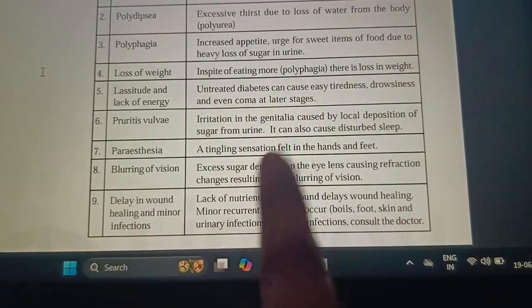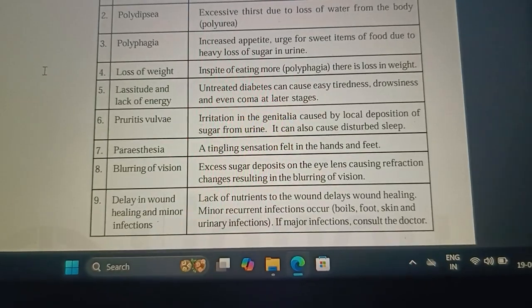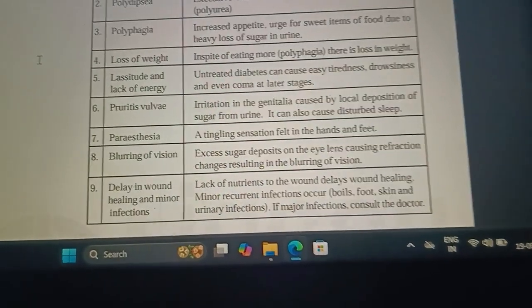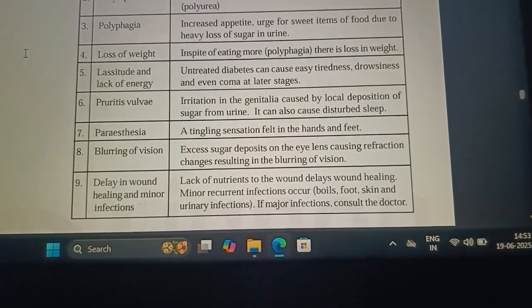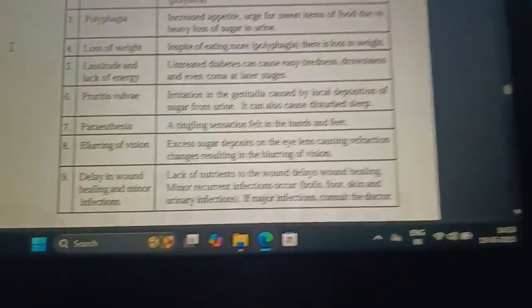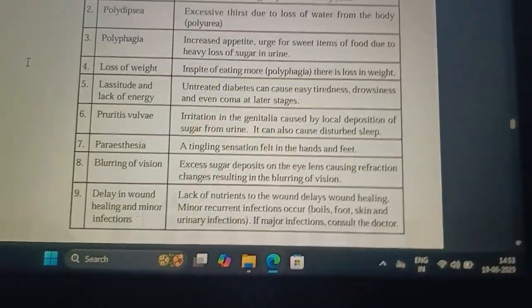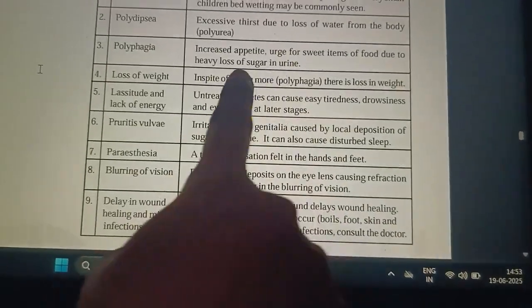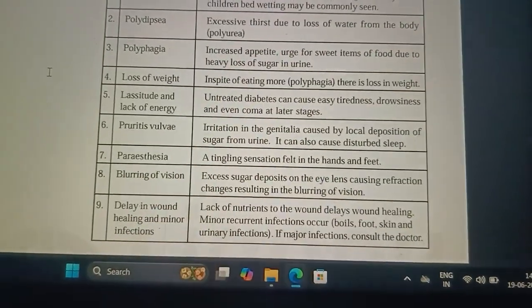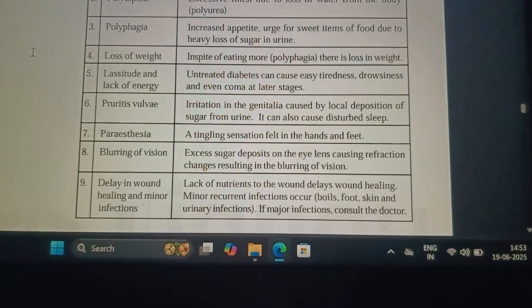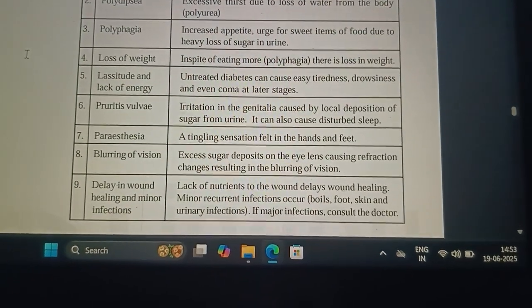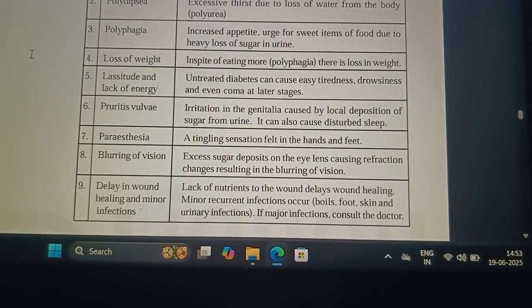Protein helps in bodybuilding, and fats result in fatty tissues where they should be, helping in putting on weight. Here, with heavy loss of sugar, sugar is removed through urine or stays in the blood. What will happen?